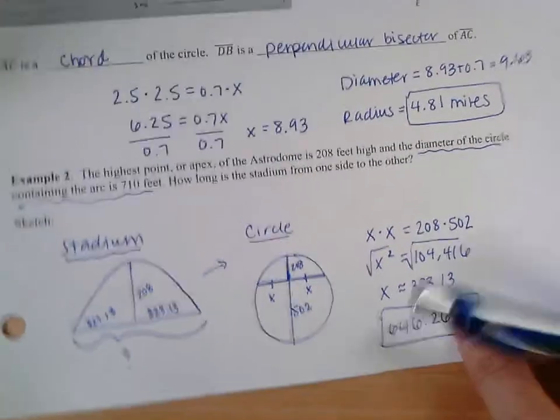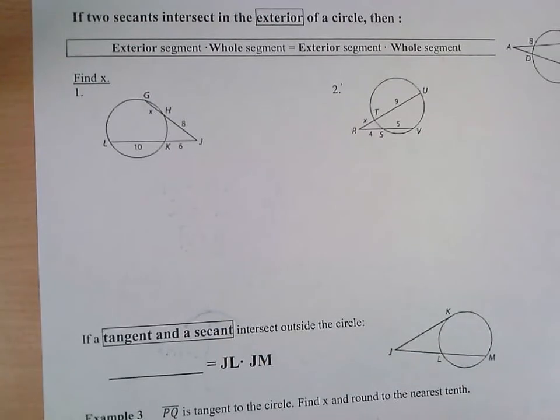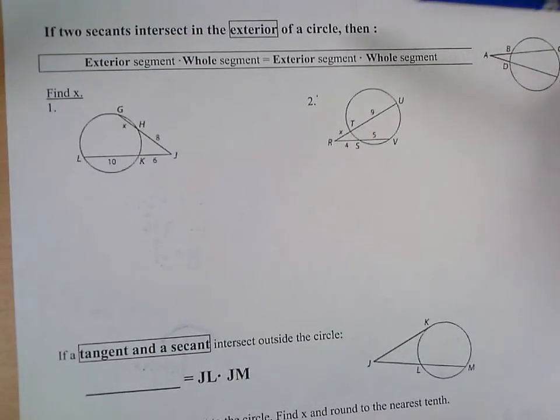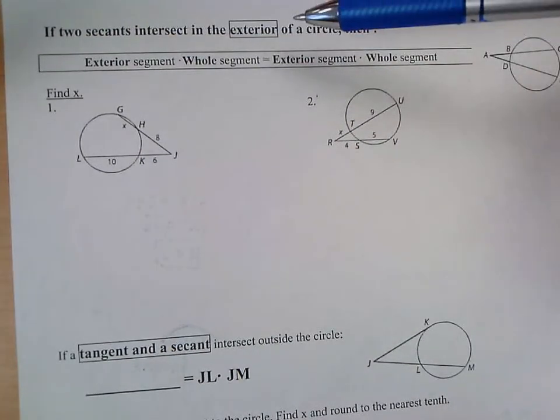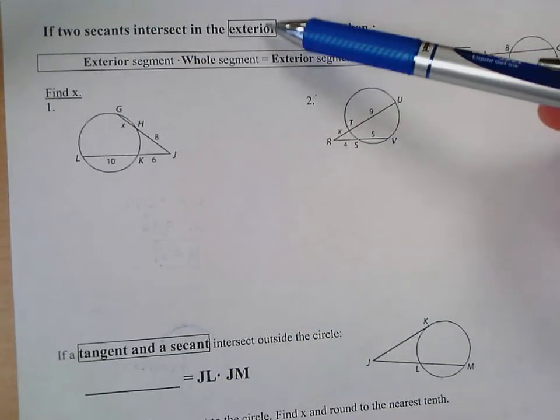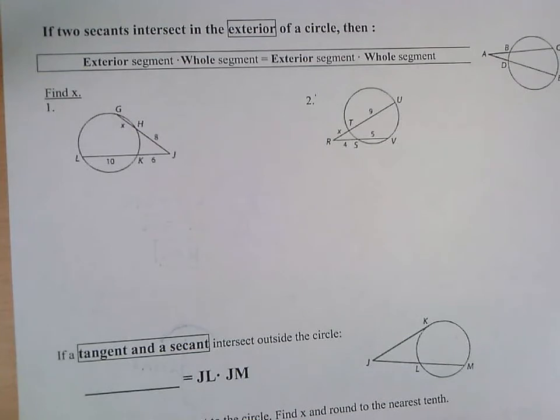All right, we'll move along to the second half of this, which is now if you have two secants or a tangent and a secant, but they intersect in the exterior of a circle. So we just saw if two chords intersect inside of a circle.